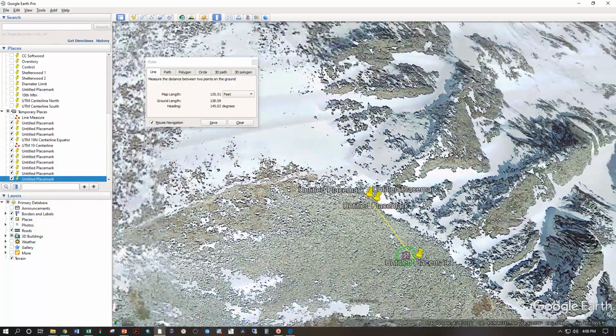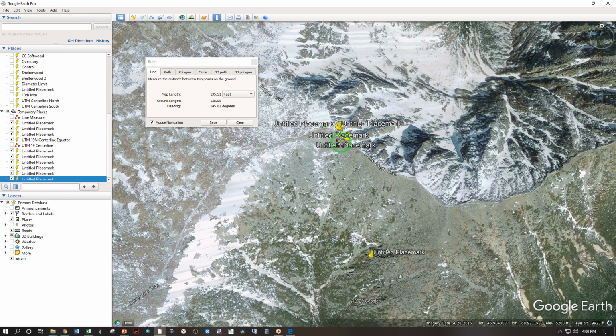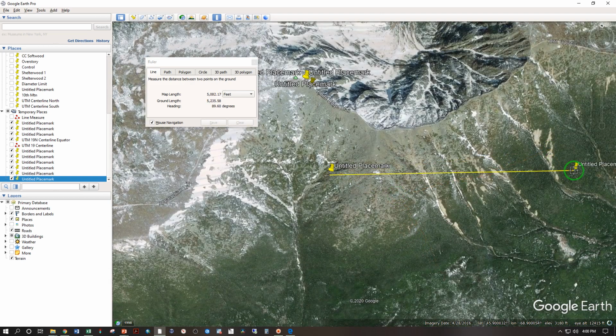Those two, 135 feet. Looking about 1,500 feet there. And to our original, we have nearly a mile. So by taking all those decimal points off, we lost about a mile's accuracy there.